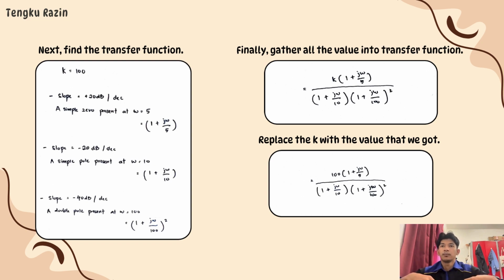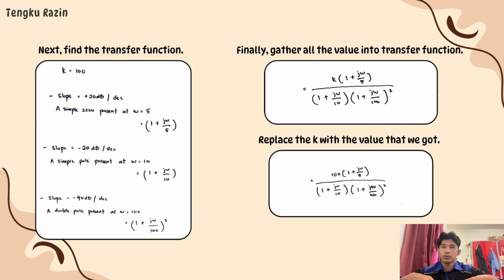In general form, it looks like this: H of j omega equals K times the quantity 1 plus j omega over 5, divided by the quantity 1 plus j omega over 10 times 1 plus j omega over 100 squared.